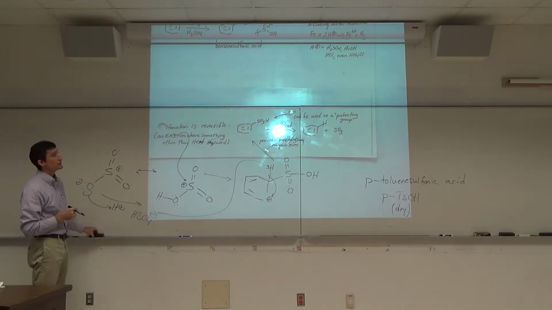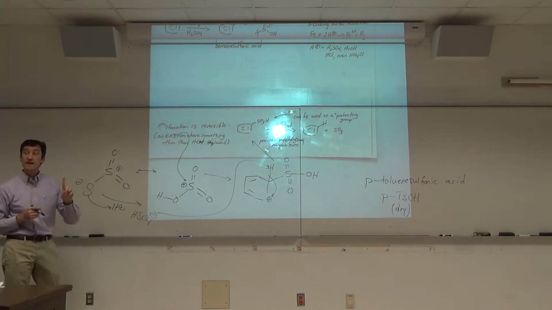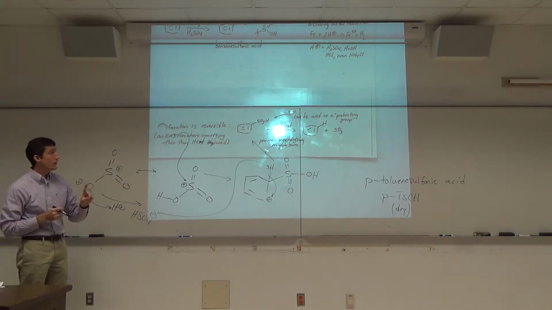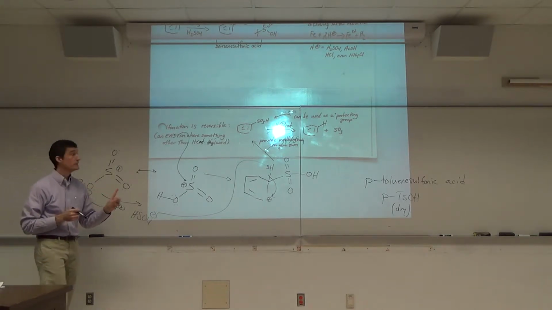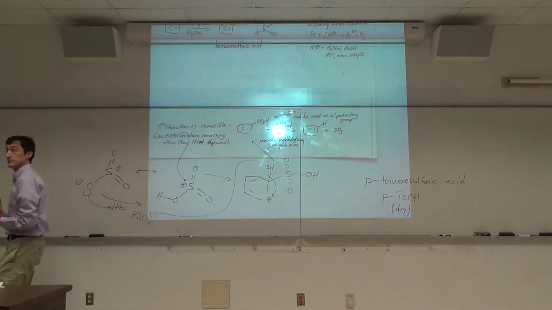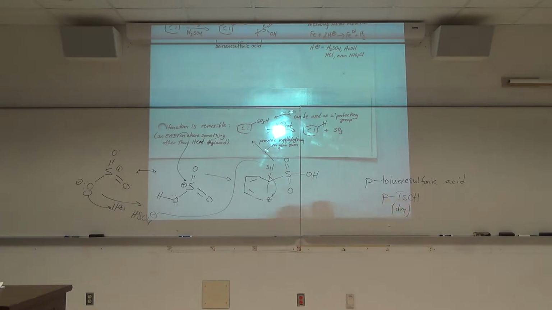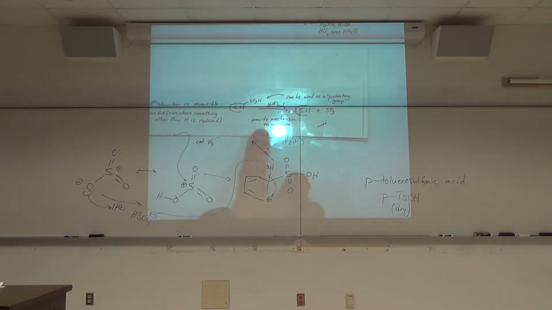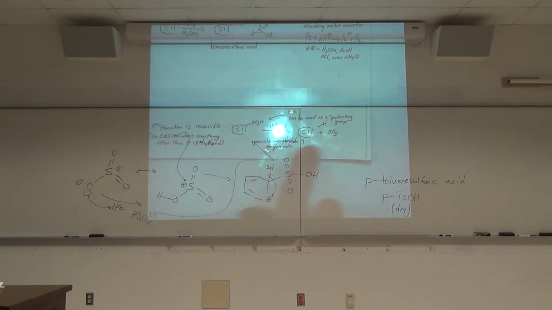It's pretty straightforward, but it is an example of an EAS where you're not replacing an H. In this case, you're actually replacing an SO3H group. Because of that, SO3 groups can be used as what we call a protecting group.